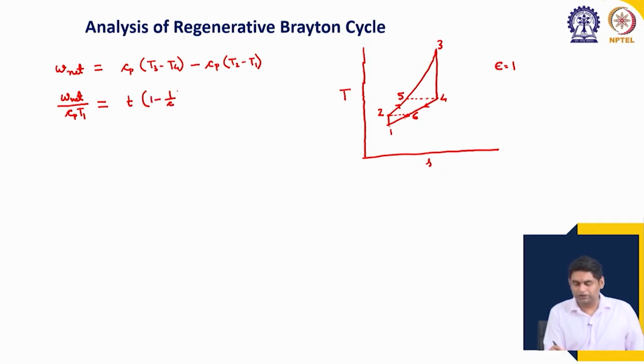You can easily do the derivation. I suggest that you once again pause and try to do the derivation here. So, there is no change in the work output, same as the Brayton cycle.